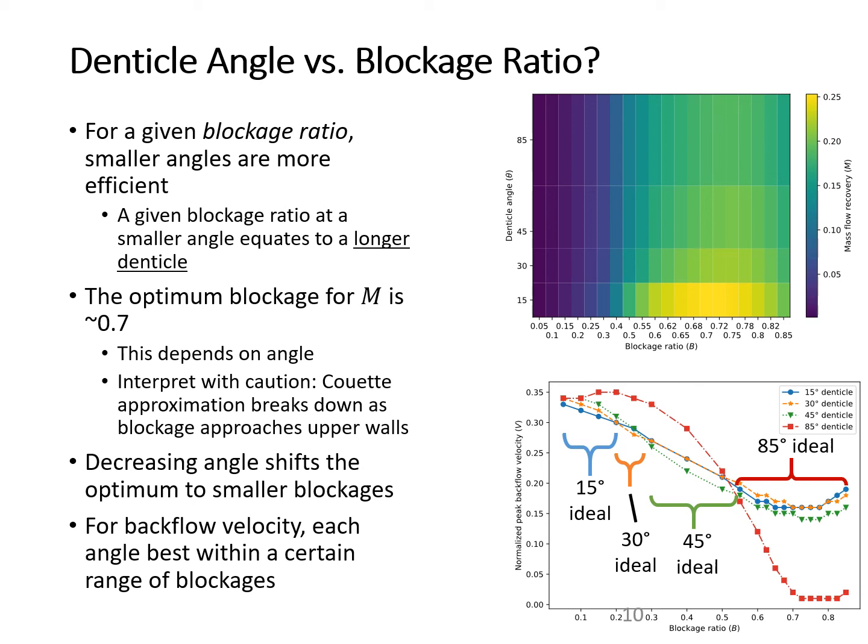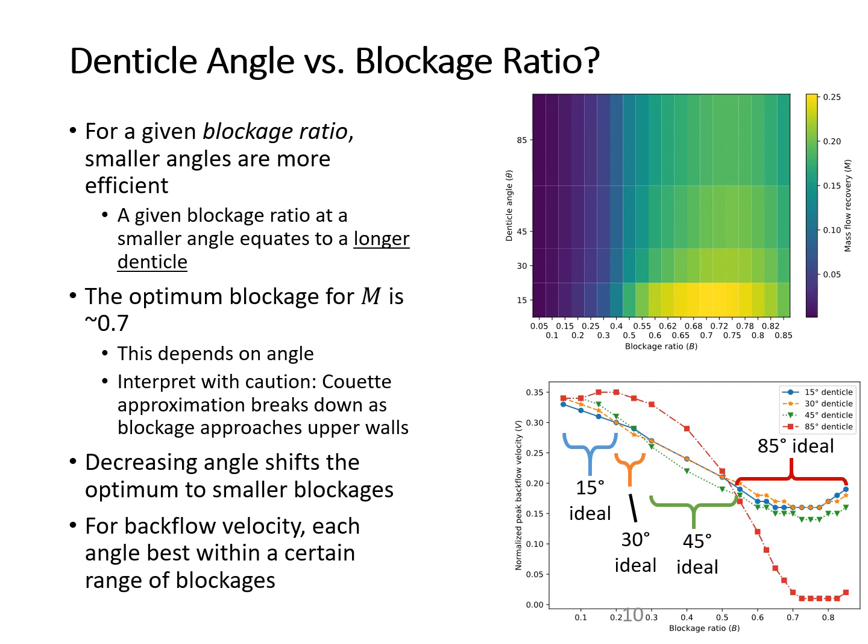The backflow velocity plot is a little less cut and dried than the mass flow recovery plot was. Whereas we found the monotonic result with mass flow recovery that smaller angles are more efficient, here we found that the best angle depends on the blockage ratio.